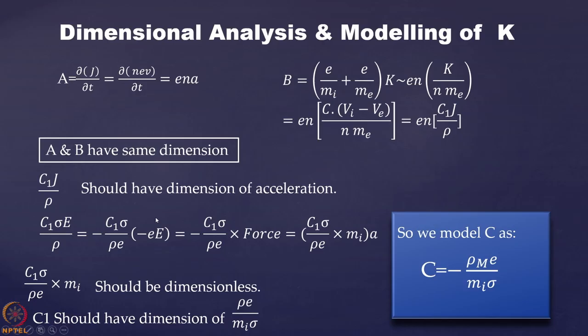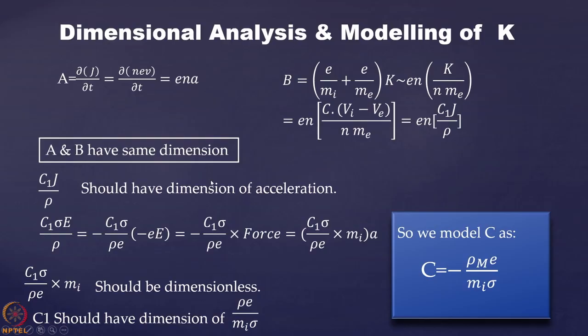Okay. So now we are able to model C. The minus sign is not over here, I think it has gone out, so I am putting it back here. So it is minus rho m E by mi into sigma. If we put that as the constant C1, then we can model this as C1 J by rho.